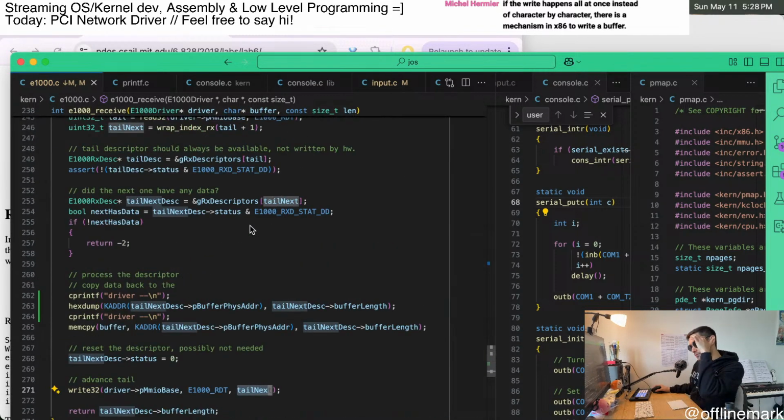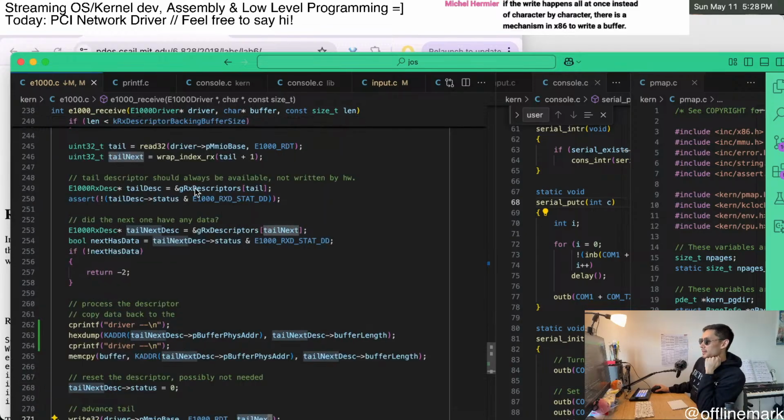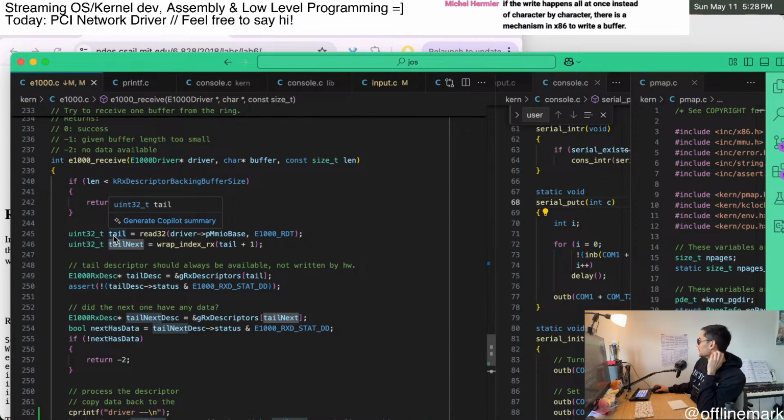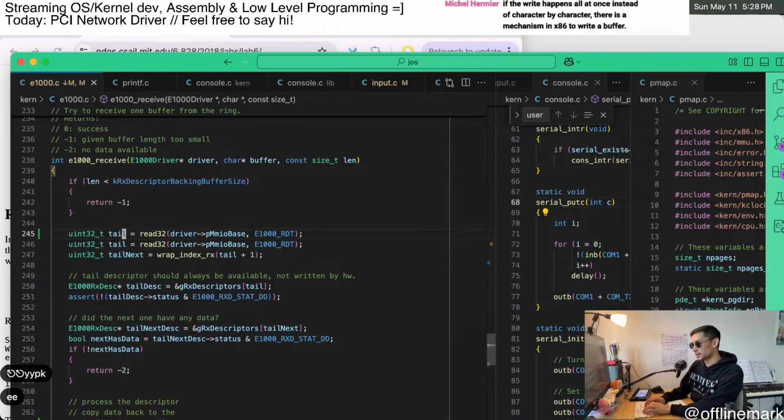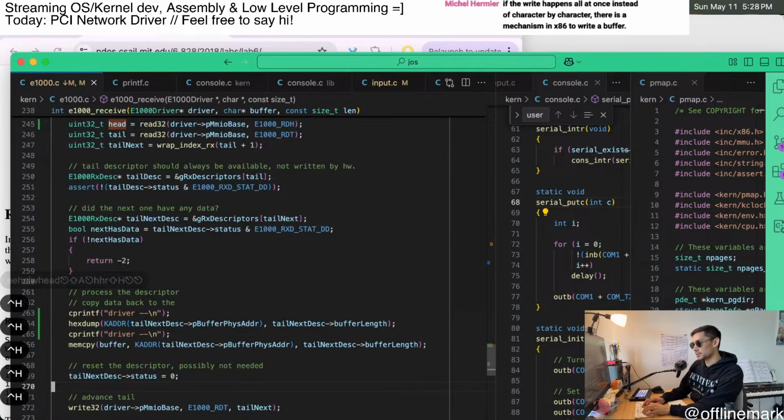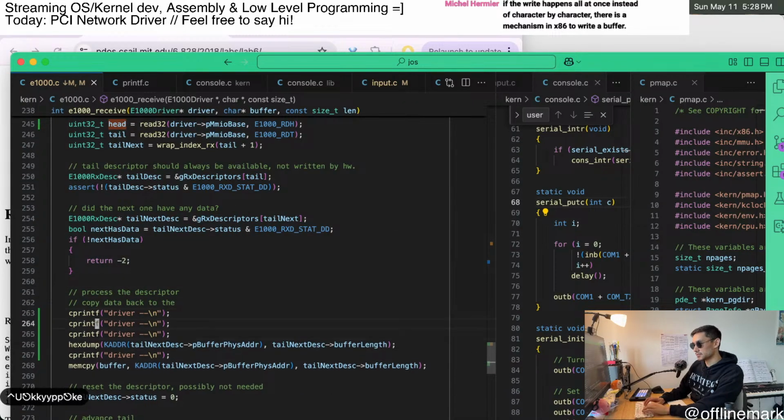I'm sort of wondering about the state of the head and tail through all of this. I'm a little bit curious about that. Add this. I'm just going to print that out also. Head.